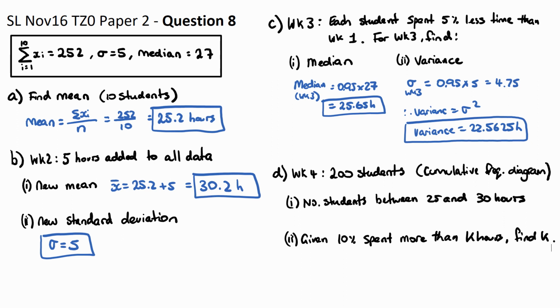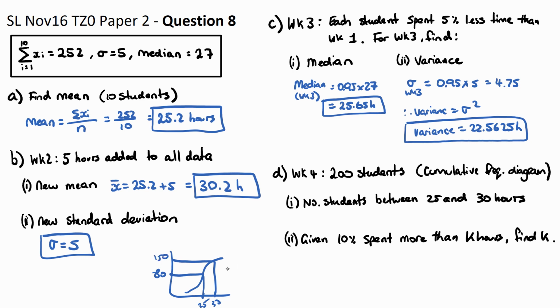So on the x-axis, if you go to the number of hours and go to 25 down the bottom, and so we should have a graph that looks like this. If you go to 25 and go up and then go across, we should get a value of 80 students. And then if you go to 30 hours, and go up and go across, 30 should connect with 150.